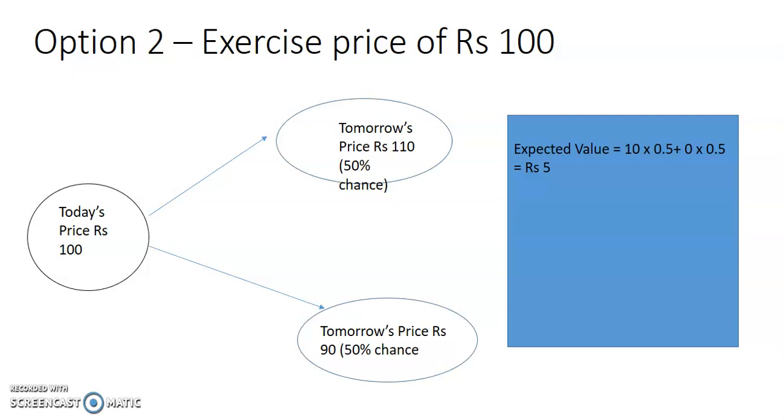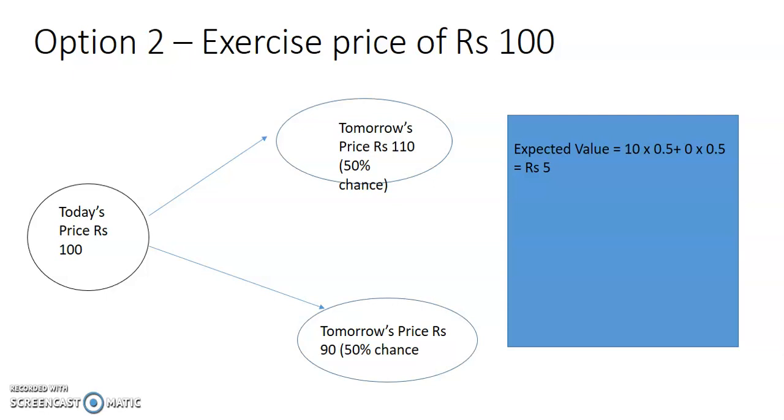Therefore, the expected value of one option with a strike price of 100 rupees is 5 rupees, because it yields rupees 10 half of the time, and half of the time it yields 0. So half of the time it is in the money, half of the time it is out of the money.